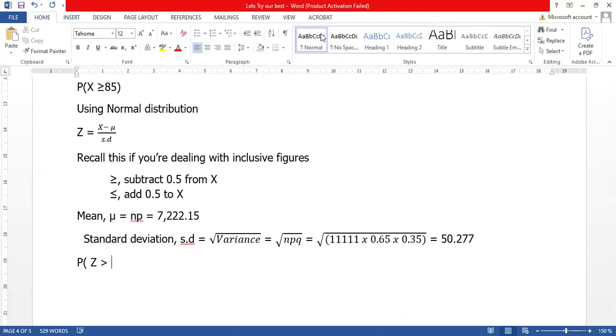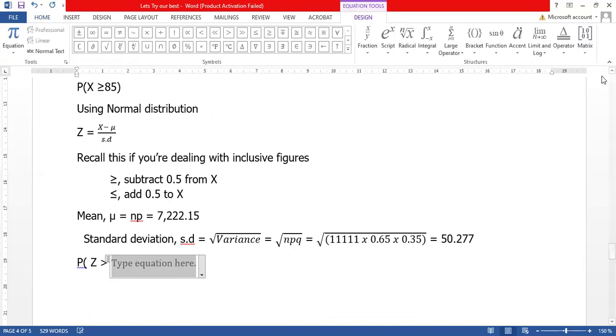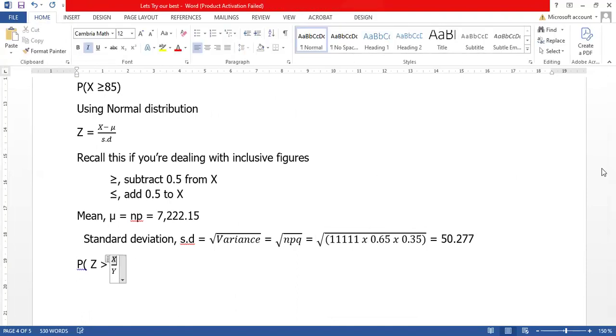We are trying to follow the formula x, which is 85, the one you want standardized, but because it has greater or equal to, you subtract 0.5.